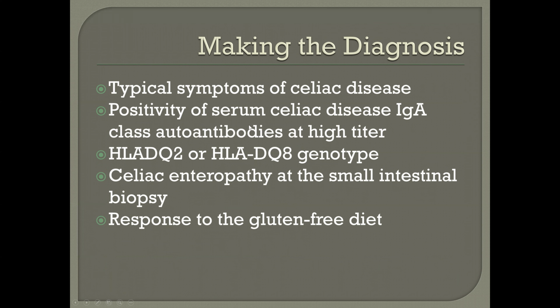The histology can suggest the diagnosis and be consistent with the diagnosis, but really positive serum antibody, anti-IgA, anti-gliadin antibodies, plus or minus the appropriate HLA type, and response to the gluten-free diet are all very helpful in making the diagnosis.